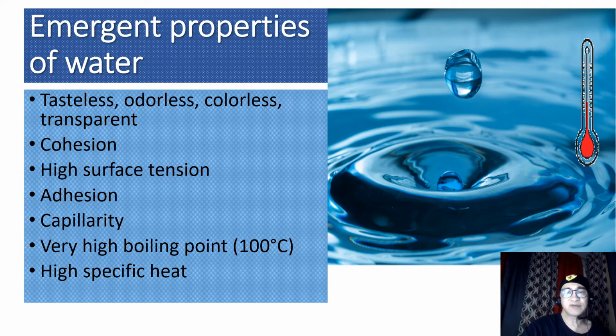When we perspire, for example, we remove a lot of heat from our bodies because of this specific heat, and so we release a lot of heat and therefore lower our body temperatures by perspiration.